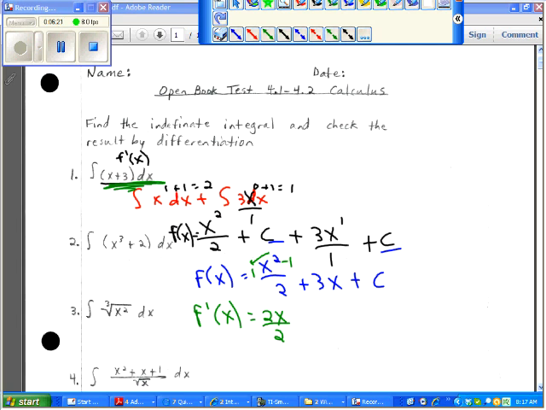And on the next term, we would multiply the exponent times the coefficient, which would give us 3, and reduce the exponent by 1, which is 0, so we then have just a constant. And then we have plus c, and we know the derivative of a constant is 0, so the constant goes out. Something went out before, we didn't know what it was. And the 2 over 2 is 1, so we have x plus 3.